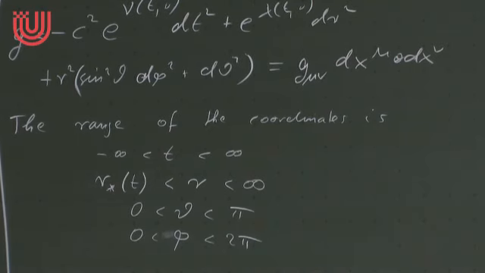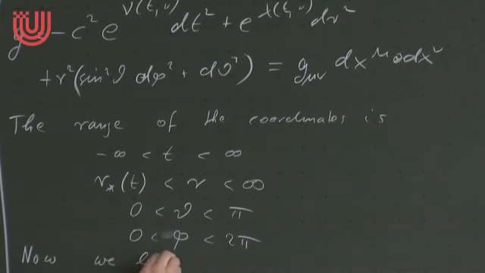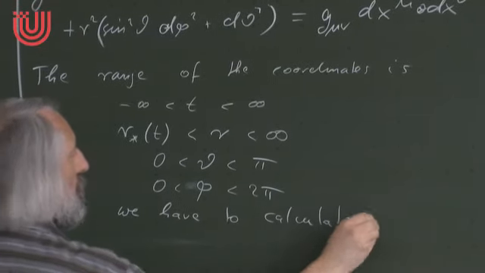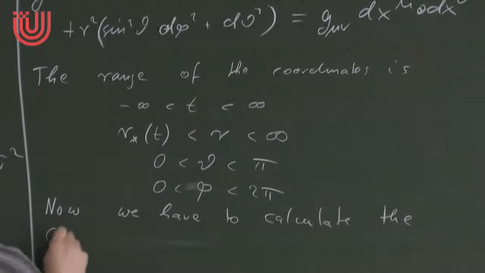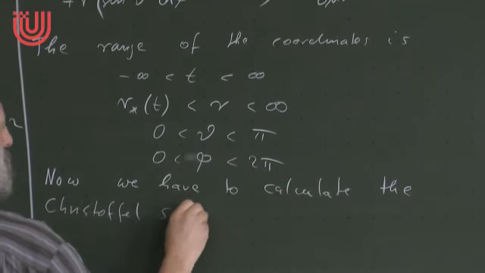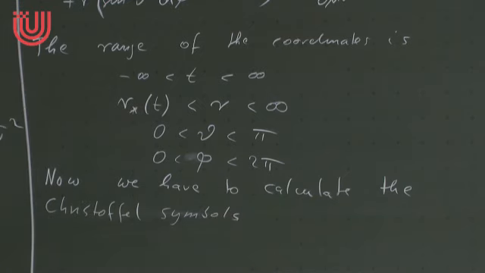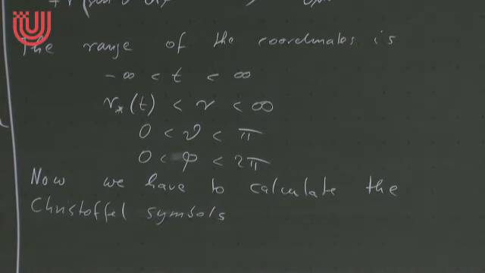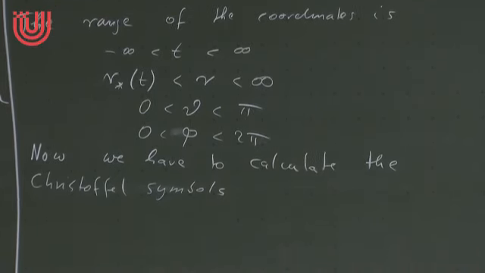So this was the first step, and now comes the second step. Now we have to calculate the Christoffel symbols. Whenever you have to calculate Christoffel symbols for a pseudo-Riemannian metric, not for an arbitrary connection, but for a connection which comes from a metric, then it's always a good idea to do it with the help of the geodesic equation.